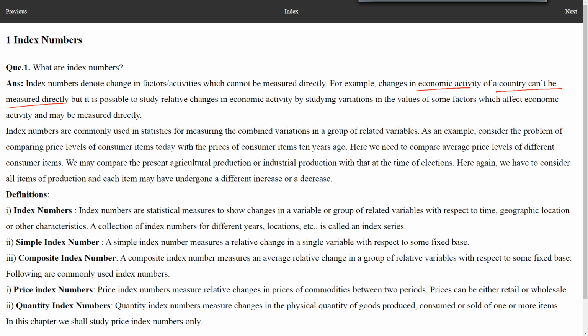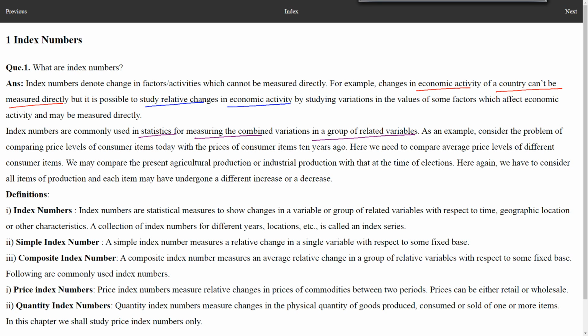But it is possible to study relative changes in economic activity by studying variations in the values of some factors which affect economic activity and may be measured directly. Index numbers are commonly used in statistics for measuring the combined variations in a group of related variables.